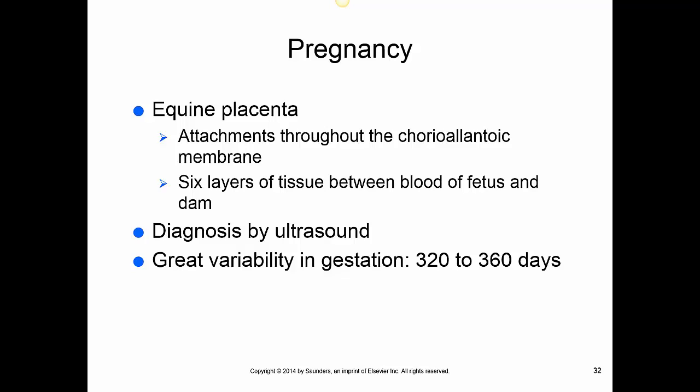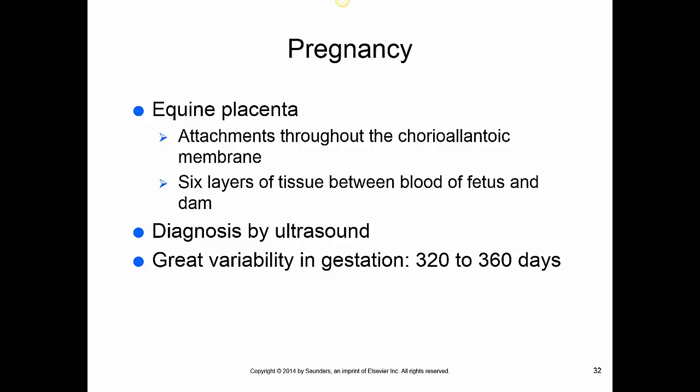And this diffuse placenta is what causes horses not to be able to twin. So this definitely has a lot to do with their inability to twin, because it takes so much placenta to actually get a good diffusion across of oxygen and carbon dioxide to bring oxygen in, carbon dioxide out, glucose and amino acids in, and wastes out.